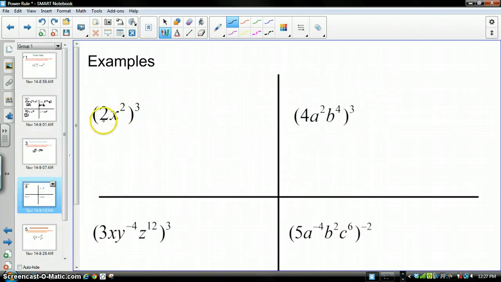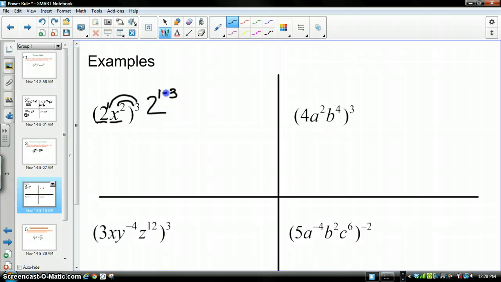So here we have two terms, all right? We have 2 and we have x squared. These are two separate terms. So our 3 gets distributed to our 2, and our 3 also gets distributed to our x squared. So we have 2 to the 1 times 3, because 2 right here is to the 1 power. 2 to the first is 2.